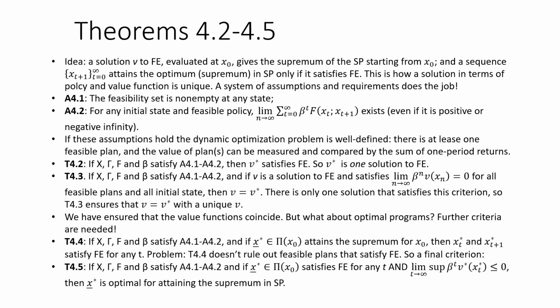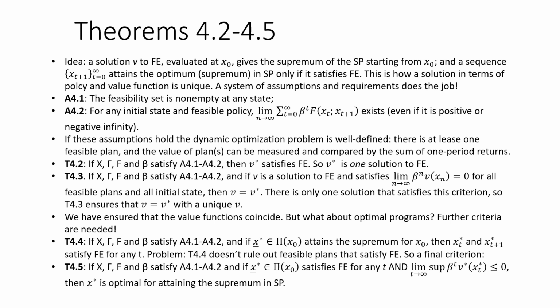So let's assume that X is the state space, gamma is the feasibility set, f is the one period return function, and beta is the discount factor.